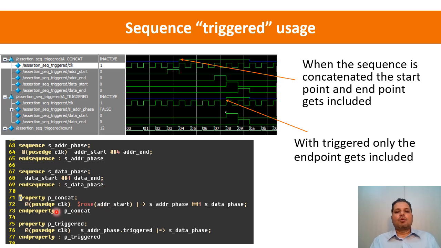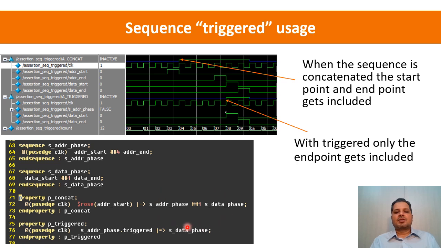Now I can write, let's say, two versions of a particular property. One is, let's say I use a concatenation and I first wait for the address start to see whether the transaction has begun, and then I use an overlapping implication operator, and then I use the address phase sequence, and then say 1 clock later the data phase must start and complete.